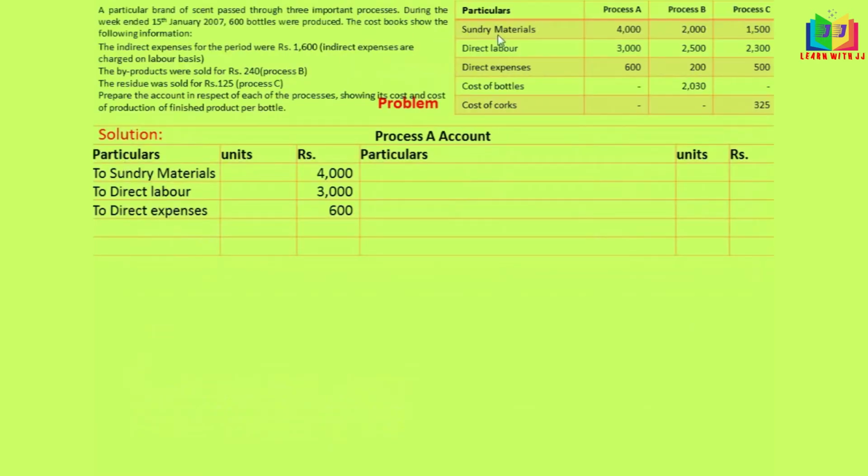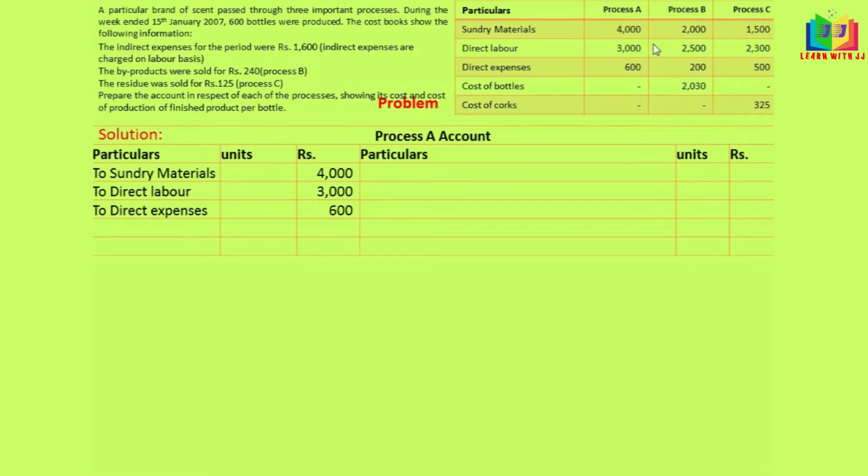First I have written in process A the expenses, that is for sundry materials you have to incur 4000, direct labor 3000, direct expenses 600. I have written it on the debit side. The next one, we have to allocate this indirect expenses, that is 1600, on the basis of direct labor.